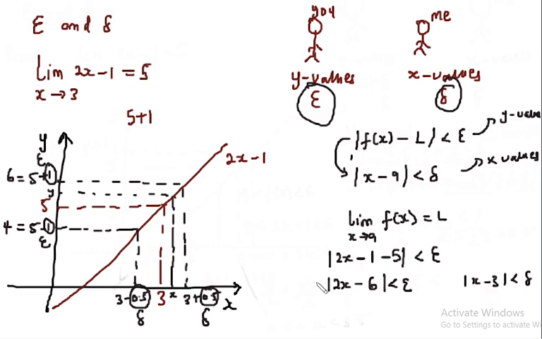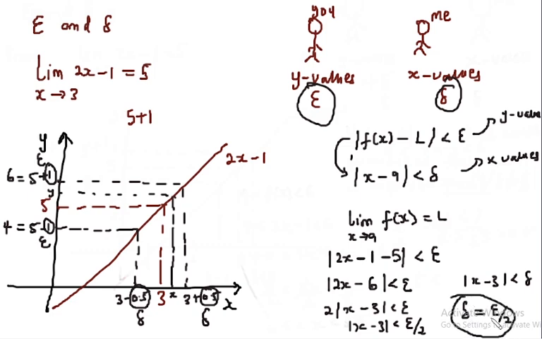So how do I get this from this? I factorize 2 out. So this is 2 times the absolute value of x minus 3, less than epsilon, so that the absolute value of x minus 3 is less than epsilon over 2. So this inequality is likened to this inequality. So at this point, I can now say, okay, you know what? My delta should be epsilon over 2.